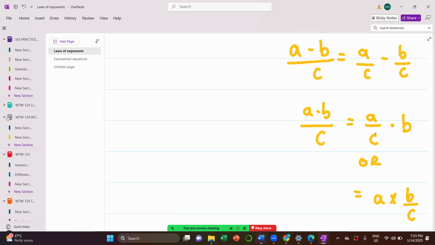Whenever you have multiplication, you just choose which number you want to divide and then still multiply by the other number. So you don't divide both of them by the denominator, but you still keep the sign of multiplication. Are we okay, guys?